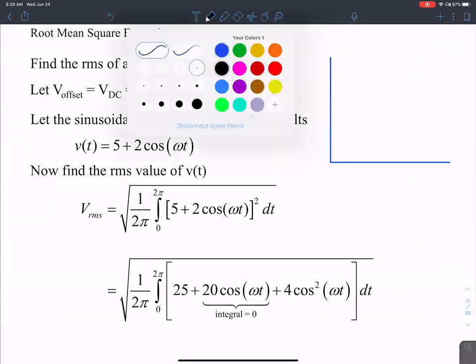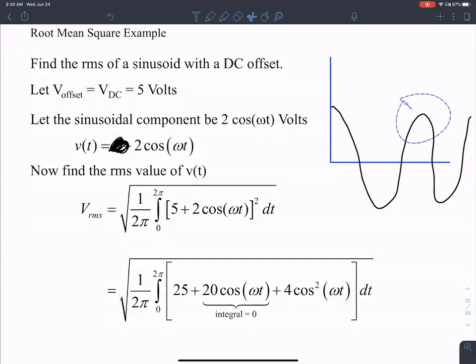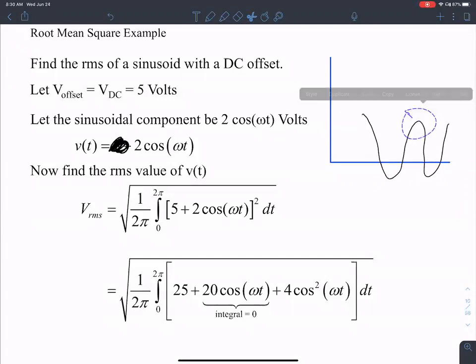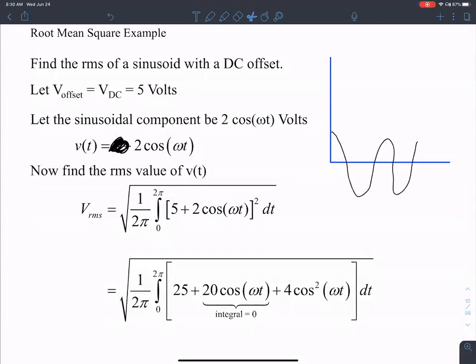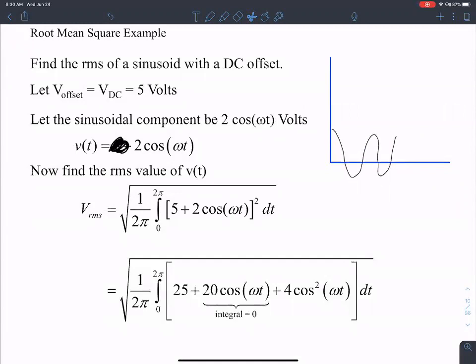Let's say I did not have this value, and I simply had cosine 2 omega t. Then the wave would look something like that, a cosine wave.